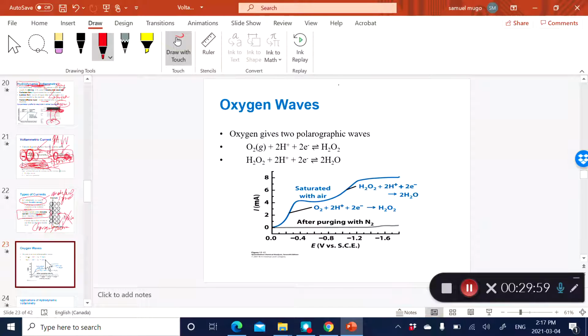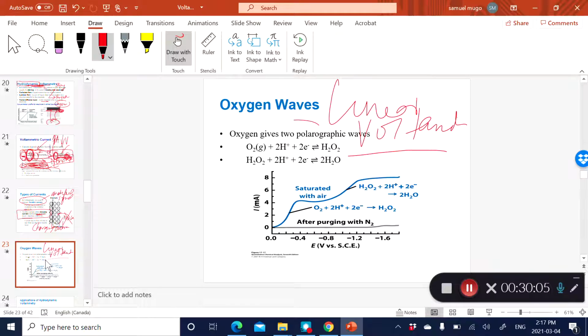So when you're doing linear sweep voltammetry, which is sort of where polarography started, where you're using a dropping mercury electrode, your profile would typically look like that, okay?